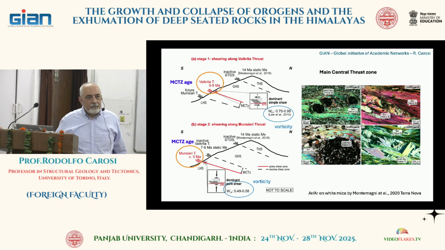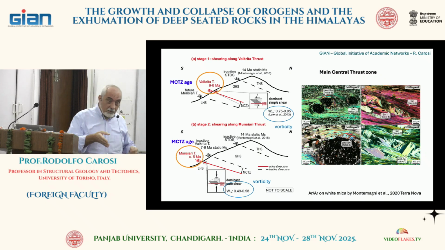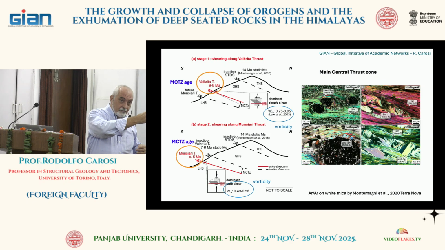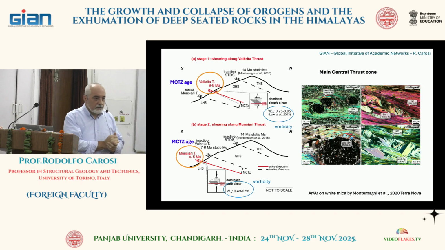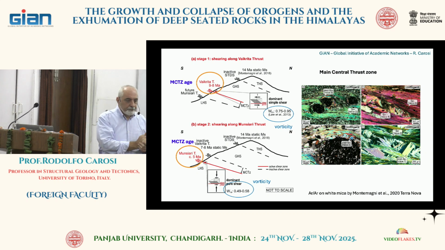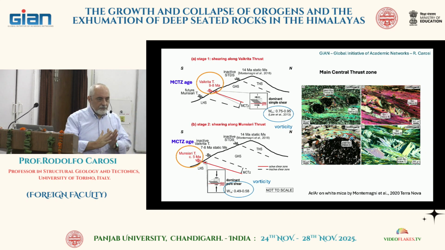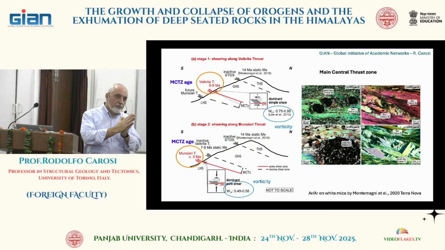The window, MCT. Uh, you mean the poles? Yeah. Because after the formation of the MCT, you have the development of duplexes in the Lesser Himalaya, and you have accumulation of duplexes, and you can make some antiformal folds.